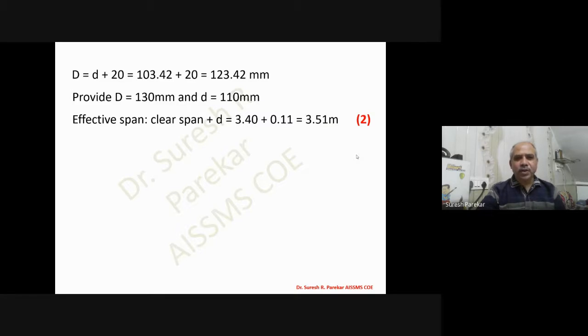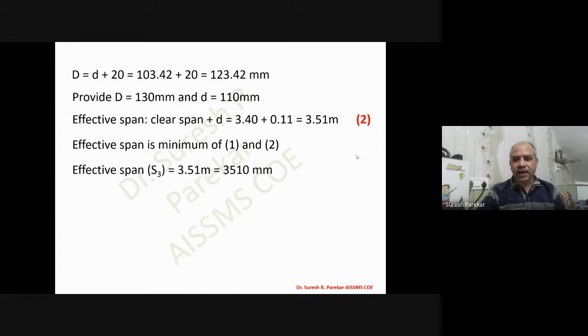Now we have effective span, and that will be equal to clear span plus D, and that is equal to 3.4 plus 0.11, and that gives me 3.51 meters. The effective span is the minimum of 1 and 2. So 1 we have seen, that is 3.63 meters, and 2 we have 3.51 meters. So we have 3.51 meters, that is effective span S3.